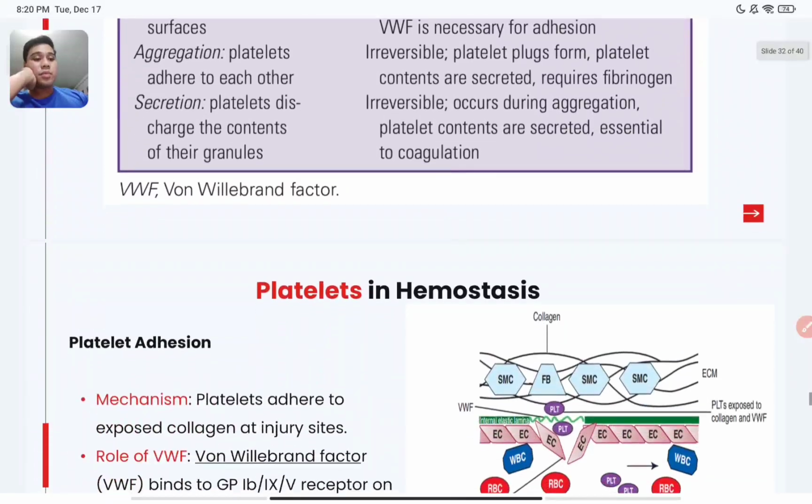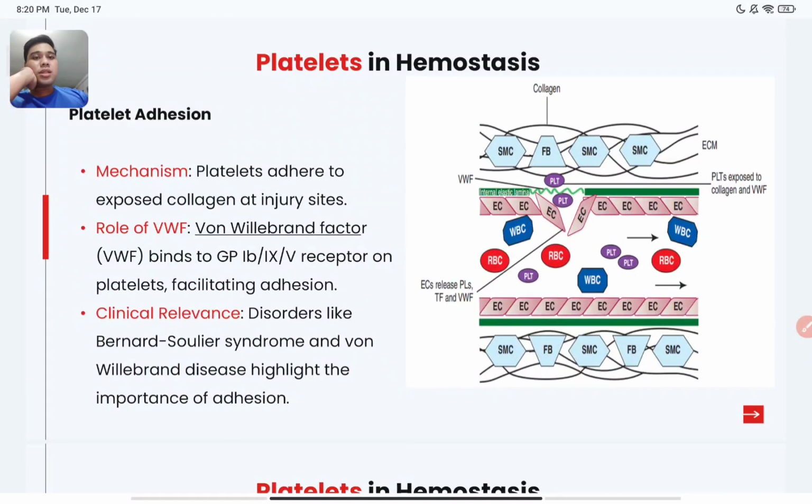It's also irreversible. So in platelet adhesion, platelets adhere to exposed collagen at injury sites. So there is the role of your von Willebrand factor, which binds now to your GP1B, di ba? Sabi ko noon, GP1B or GP1A actually. GP1B or GP1A, that is for your platelet adhesion. It will adhere to your von Willebrand, and then von Willebrand will adhere to your collagen.